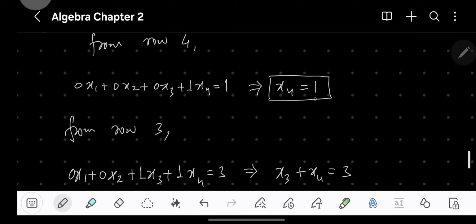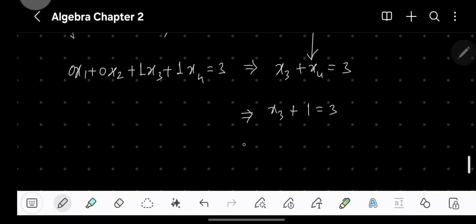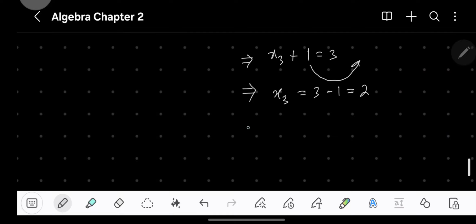Since x4 is equal to 1, this means x3 plus 1 is equal to 3. I am left with only x3, and x3 will be 3 minus 1, which is 2, which means x3 is 2.